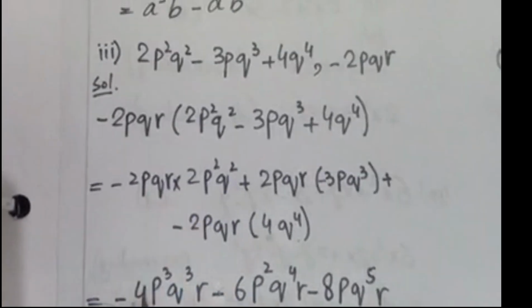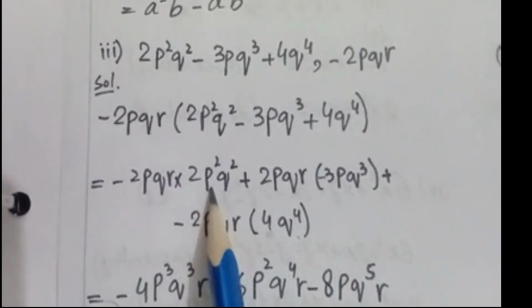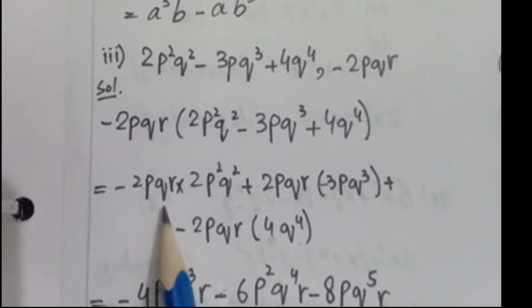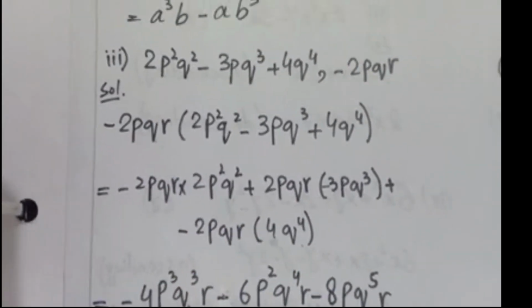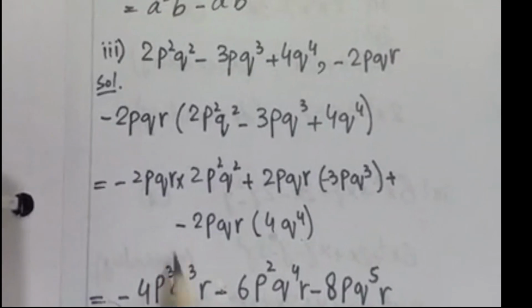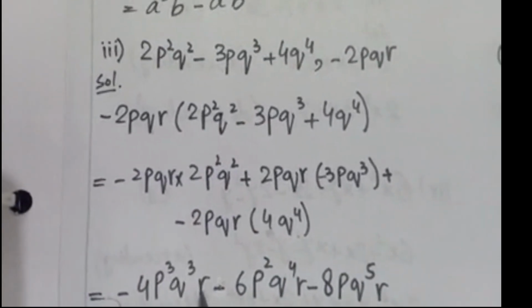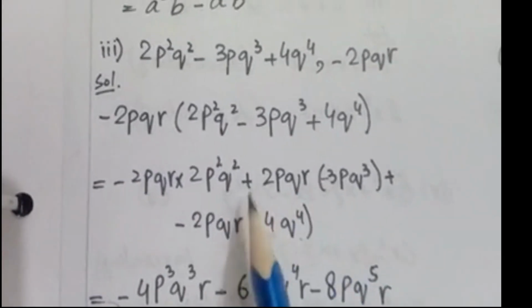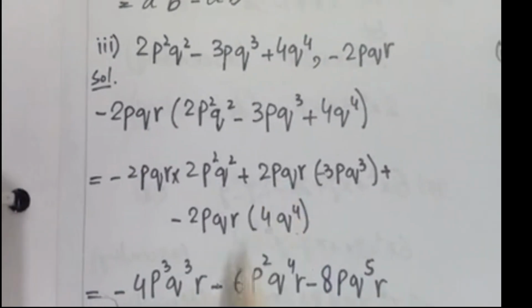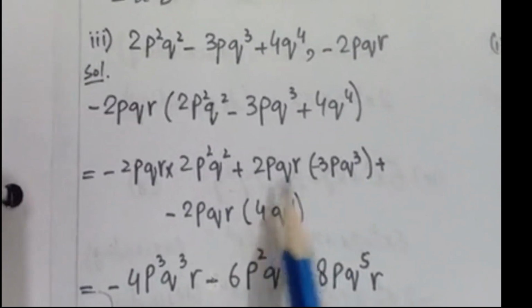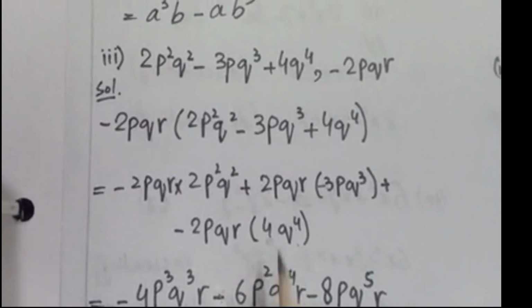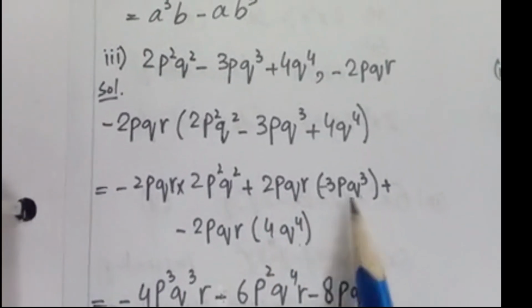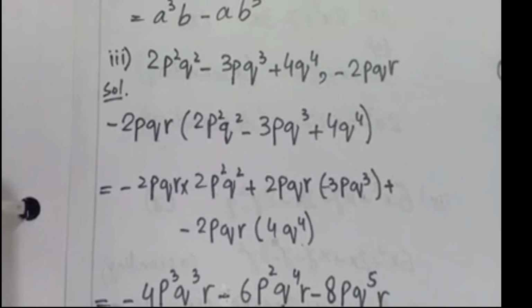2 into 2, 4. P and P square will become P cube. Q and Q square will become Q cube. And R is the only single term, will be as it is. Plus, minus minus. 3 2s are 6. P into P, P square. Q into Q cube will become Q raised to power 4.